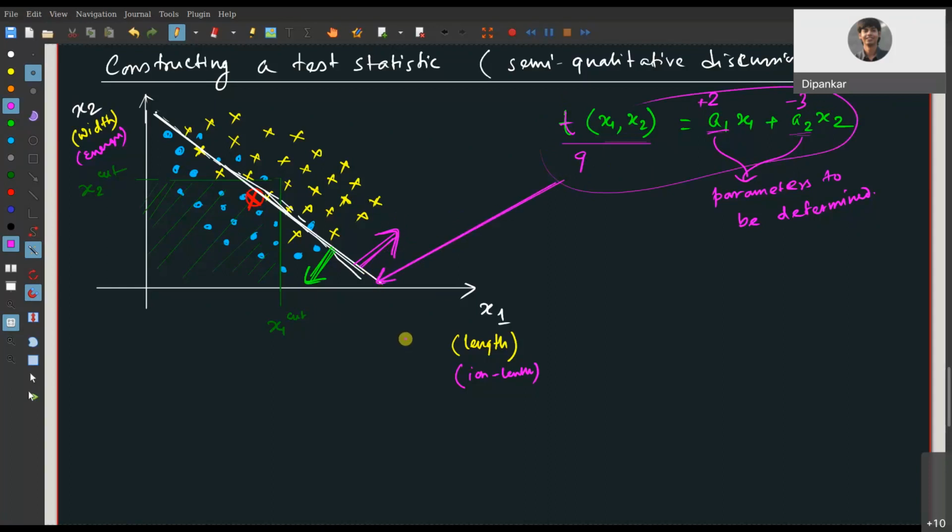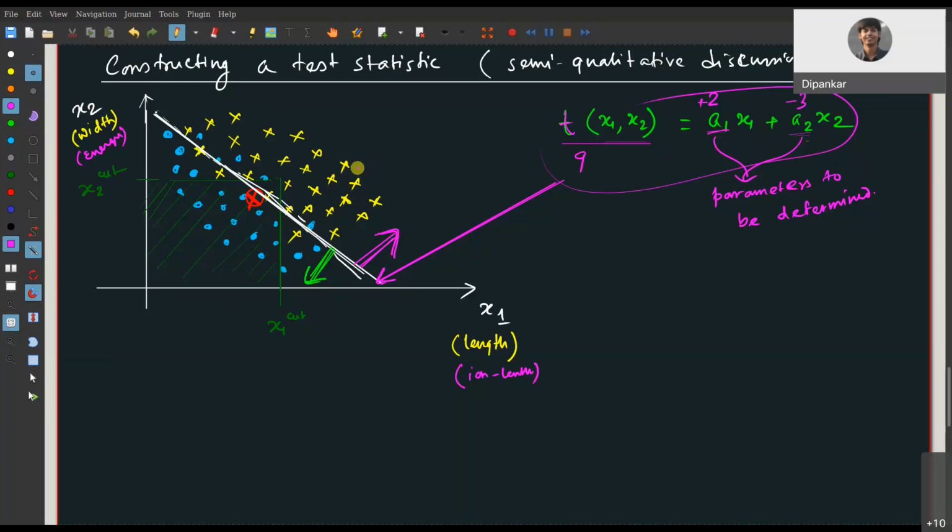Now, remember, if I only change the value of t without changing the values of a1 and a2, I am basically shifting the straight line in parallel, over here or there.